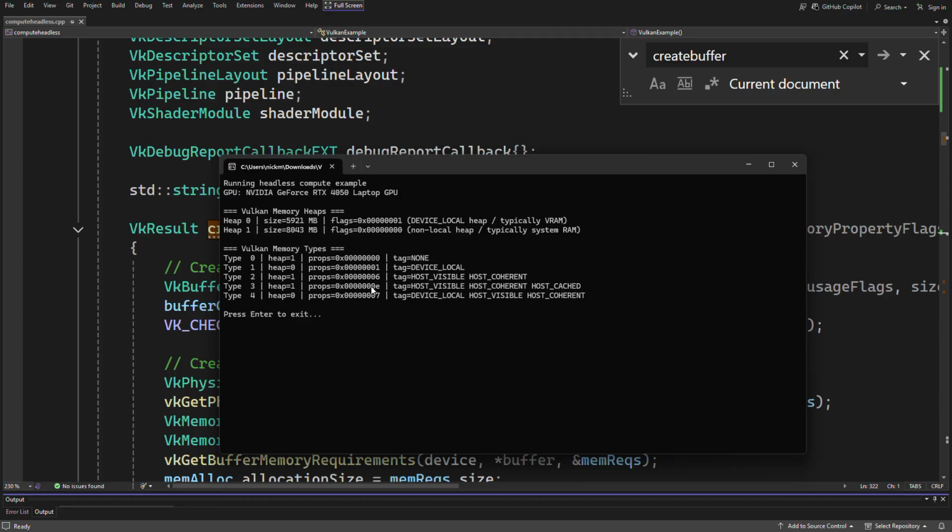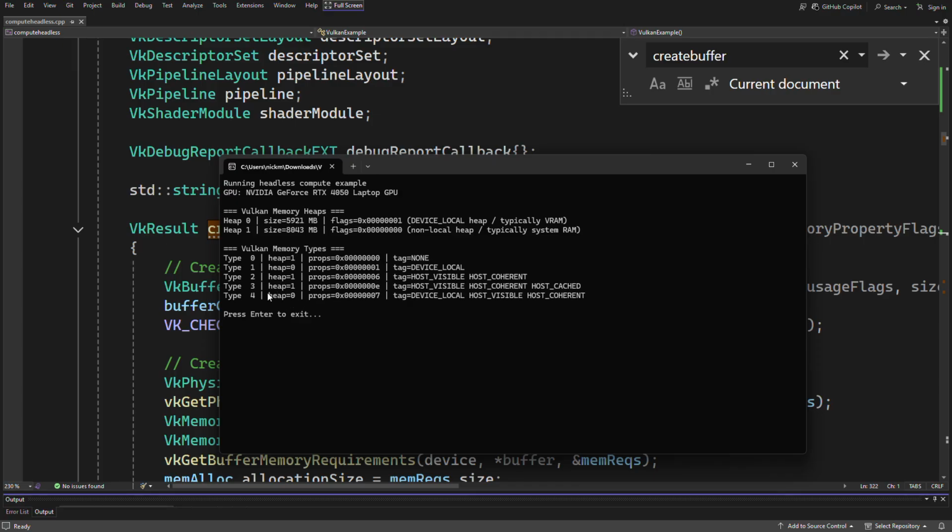But notice that for type 2 and type 3, they're both on heap 1, which is GPU local stuff. The restrictions on them might be different. For example, on type 2, you don't have caching capabilities, but on type 3, you do. But it's the same physical memory. As far as Vulkan is concerned, you are placing restrictions on what you can do with it, how you can do it, what options you have, etc.